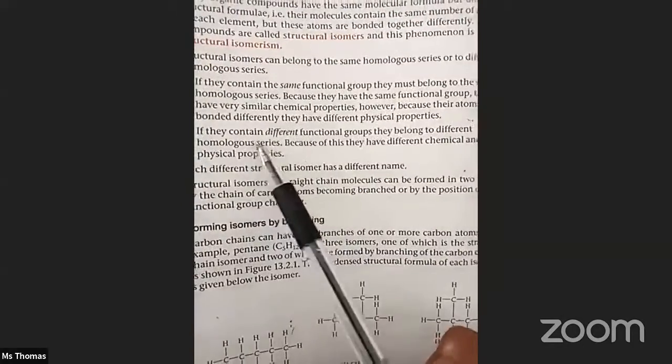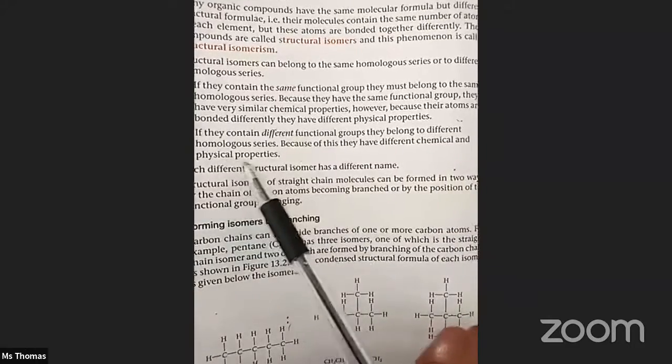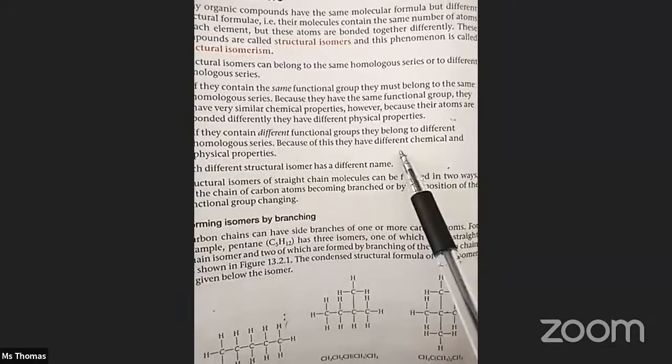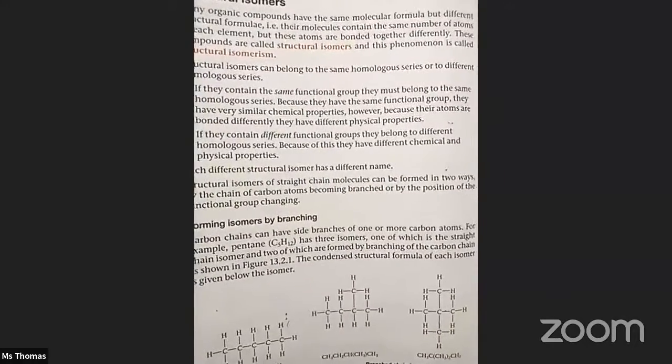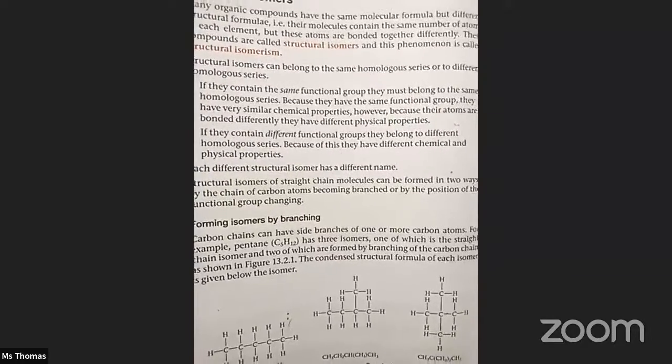But if they contain different functional groups and belong to a different homologous series, they will have different both chemical and physical properties. Because remember that the functional group is responsible for the chemical properties and how they react.